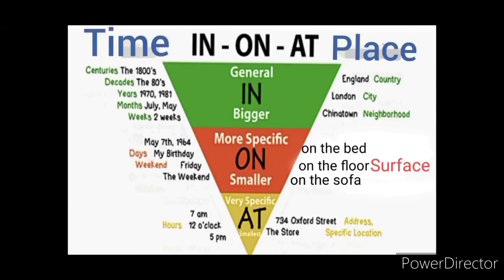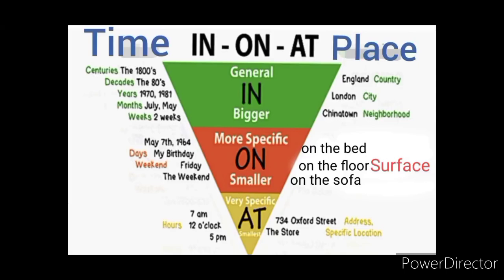For example, on the bed, on the floor, on the sofa, etc. Then preposition at is used as preposition of time when we talk about the exact or specific time, or you can say clock time. For example, at 7 a.m., at 12 o'clock, at 5 p.m. Right? And at is used as preposition of place when we refer to any specific location or a specific place, like at 734 Oxford Street, at the store, etc.